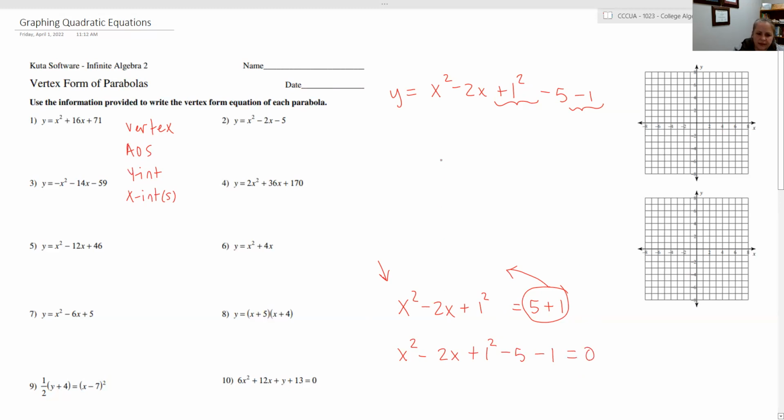So I would have exactly what I've got going on up here at the top. It's just right now at the top I've got y equals y, where down here I'm saying y equals 0. So that's where we're slightly different from solving, where I'm not solving yet. I'm just simply rewriting my formula. I'm putting it in vertex form.